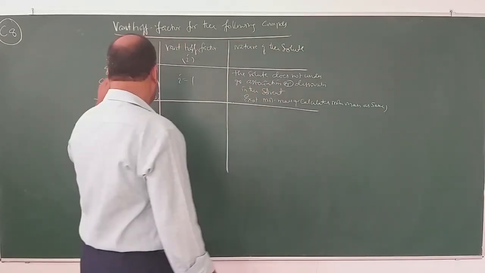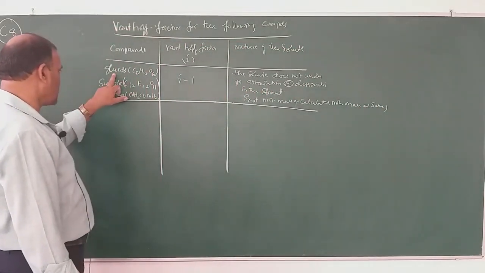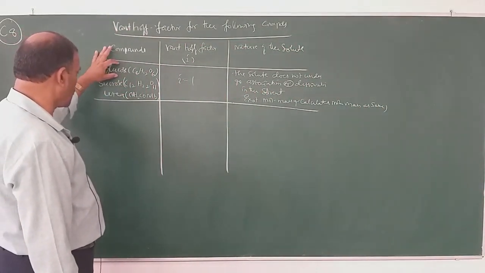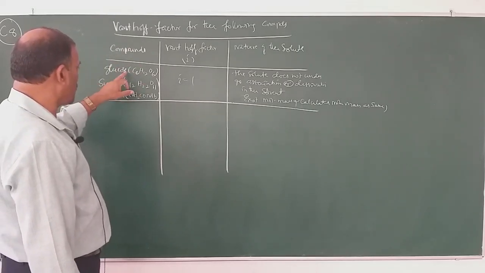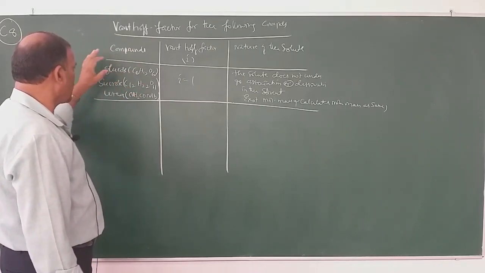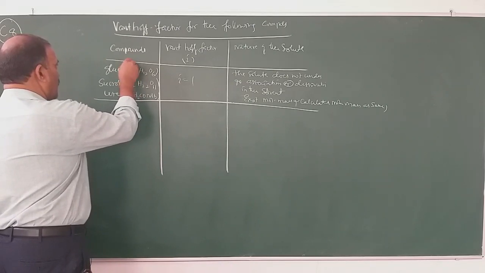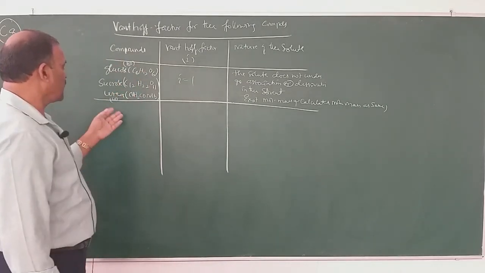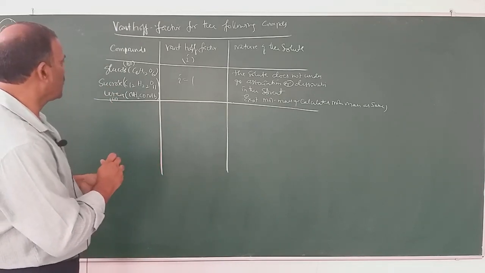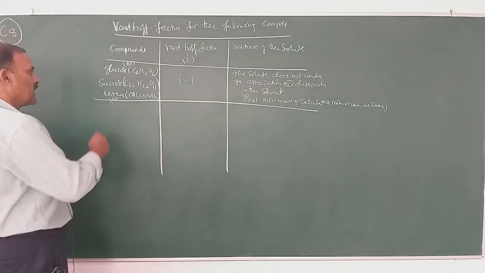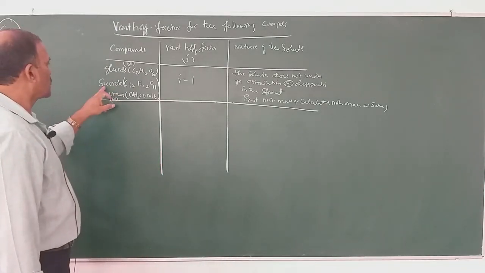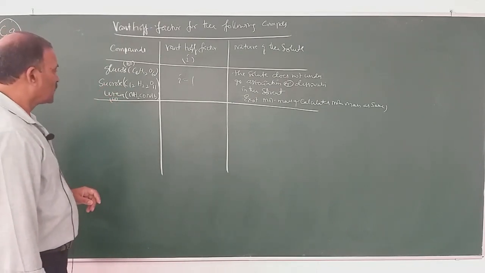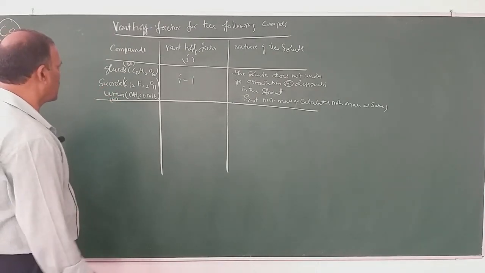Glucose, 180 is the molecular mass of glucose. By the experiment also its molecular mass comes out to be 180. For urea, calculated molecular mass is 60 and experimentally determined value is also equal to 60. Similarly for sucrose, it is around 340, something like that.